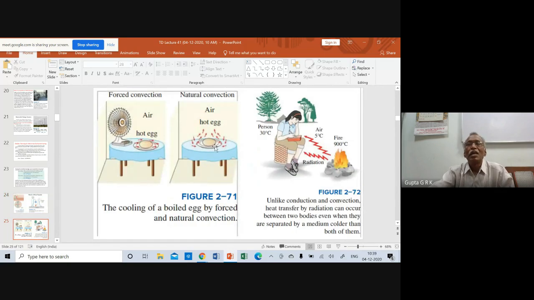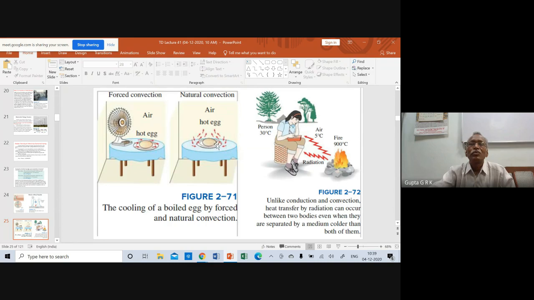If it is just left to itself and there is a heat transfer, that is natural convection. If you put a hot egg in the air, it takes up the cool air and gets hot, and the hot air goes off, and again there will be a recirculation of air taking place, and naturally the egg gets cooled.